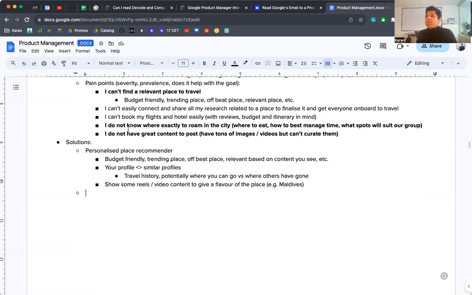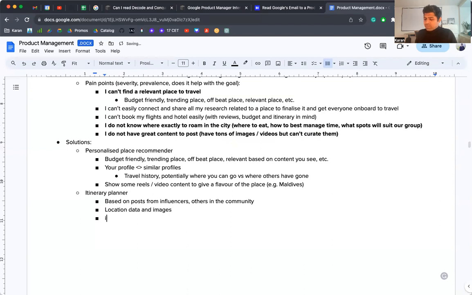Now, the next problem was I do not exactly know where to roam. And this is basically the itinerary planner. Now, based on posts from influencers and others in the community, and there are obviously location data and images.